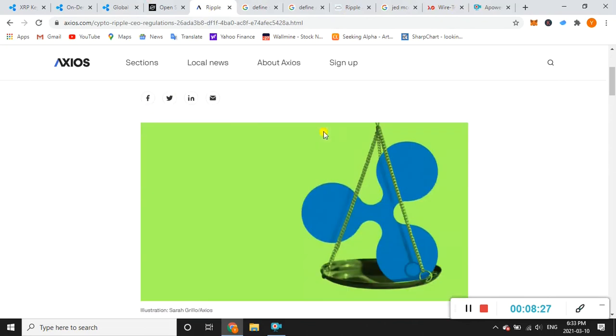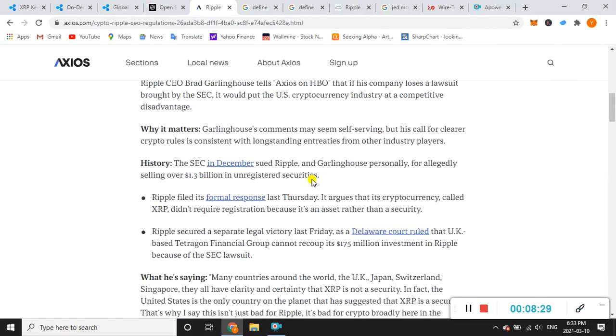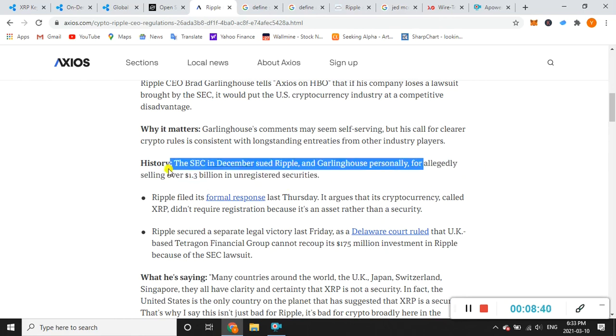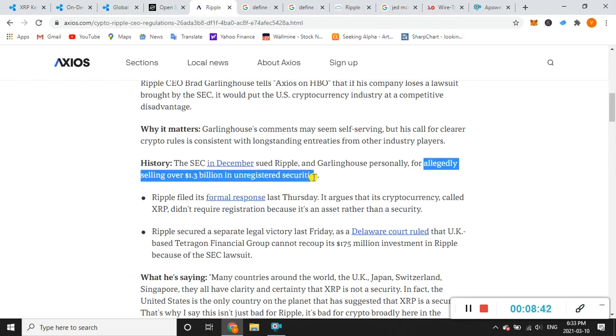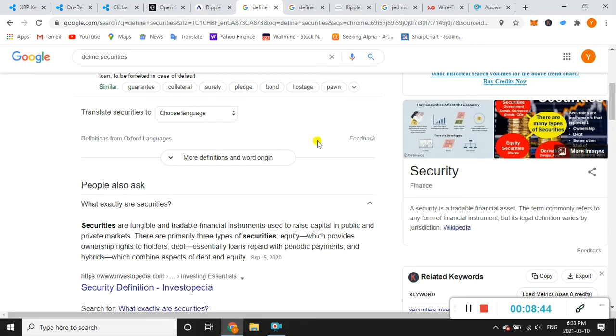Okay, so long story short, the SEC is currently trying to sue Ripple because they're saying that they have been allegedly selling over 1.3 billion in unregistered securities. To really understand that, what is a security? A security is a fungible and tradable financial instrument used to raise capital in public and private markets.